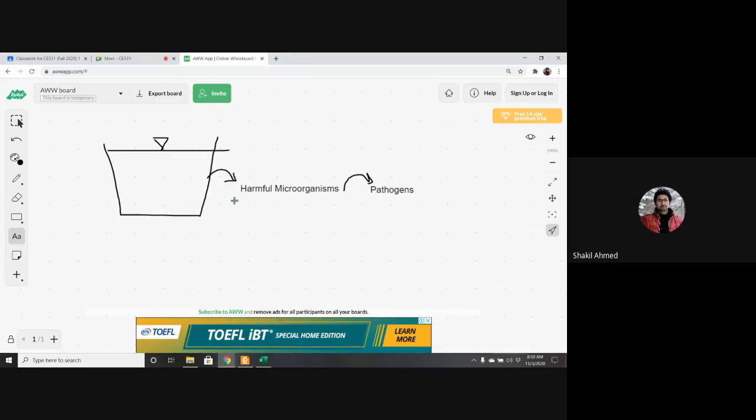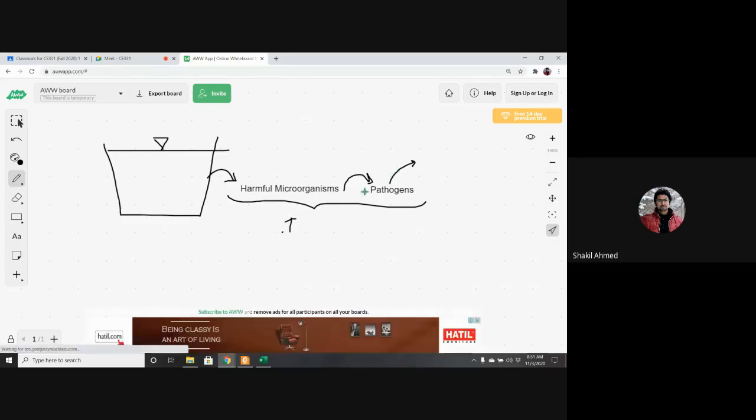So if you want to know if they are present in water, then you need one indicator. There may be thousands or billions of types of pathogens. We don't test one by one.